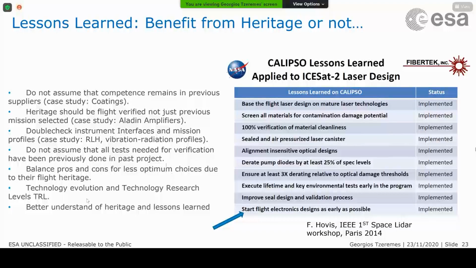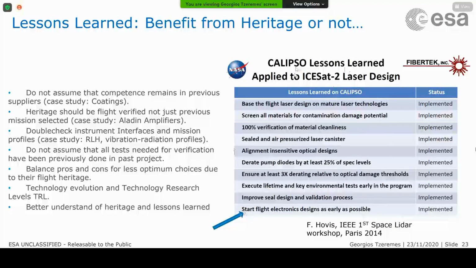Two more points for this: we should always try to select mature technologies as much as possible in advance, or else you end up with an Aladin situation where it takes much longer and is more costly to develop during the mission. If we look at the right side, these are the Calypso lessons learned and applied to ICESat-2.